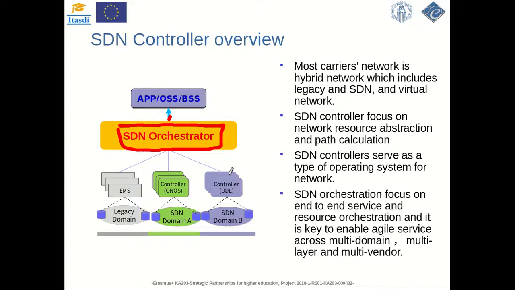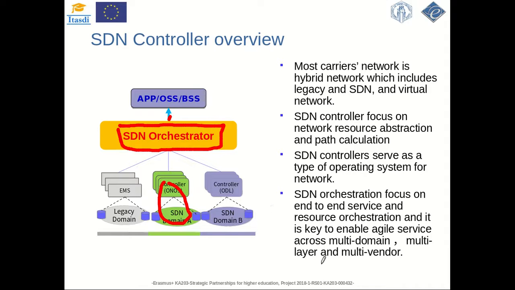It can be a hybrid network, which includes legacy core networks and parts of networks such as access, mobile, fixed, etc. Other SDN networks, like SDN domain A, SDN domain B, and other virtual networks, are also shown.